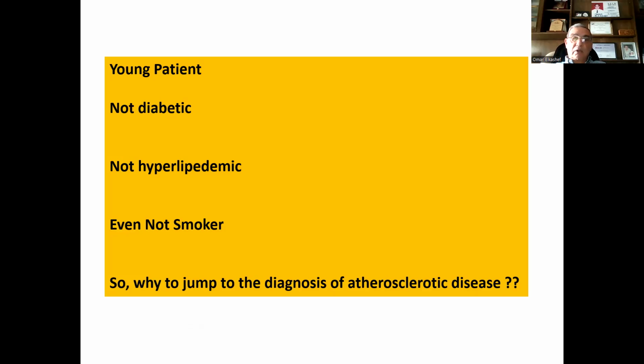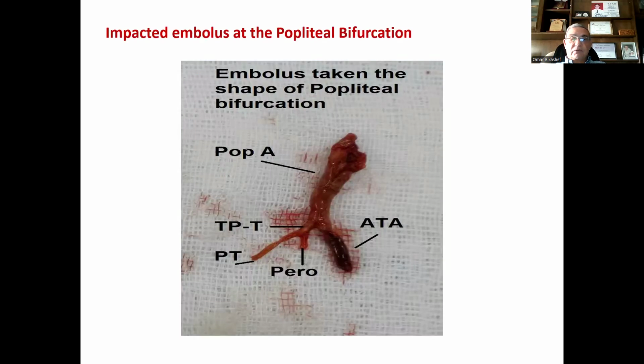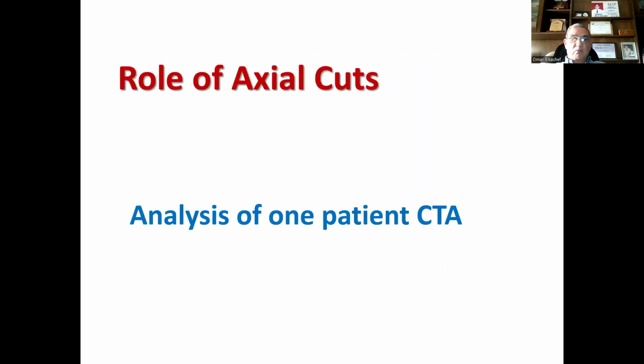So why jump to a diagnosis of atherosclerotic disease? This is an embolus taking the shape of a popliteal bifurcation, taken during surgery for popliteal embolism.